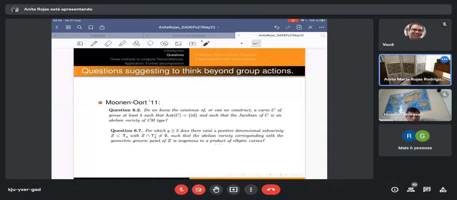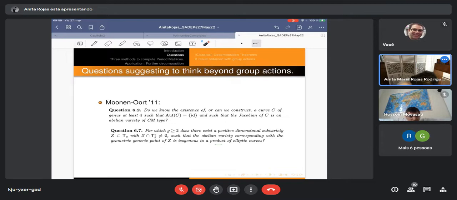Another question, the last couple I'm going to show you, were asked by Moonen and Oort in a work of 2011, and their questions suggest that you have to think beyond group actions. They ask if a curve of genus at least 4, so a Jacobian of dimension at least 4, without automorphisms, can be constructed such that the Jacobian variety is of CM type.